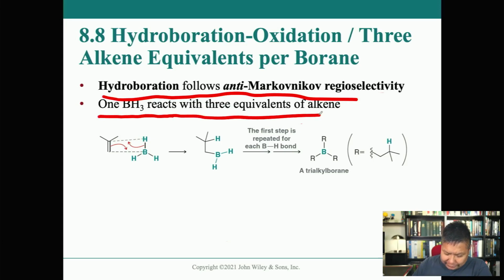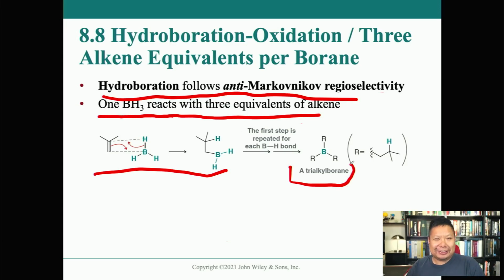So you do this 3 times, the same borane that just lost one of its hydrides to the alkene does this 2 more times, and then you get a trialkyl borane, right? You get a trialkyl borane with boron in the center. That's why it says right here, first step is repeated for each of the boron hydrogen bonds.